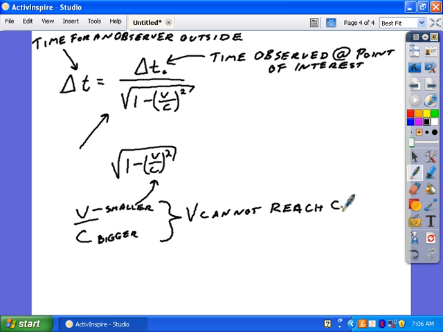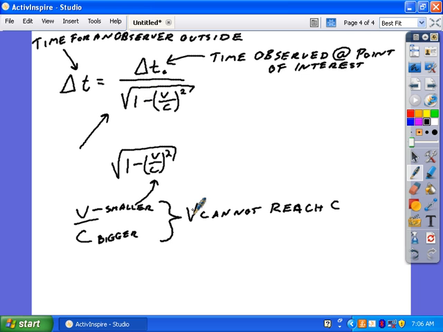Now that is important, because think about it. If we had v being the speed of light, or c divided by c is 1, 1 squared is 1, 1 minus 1 is 0, what that will do is turn our time interval from some value into some number divided by 0, which is going to give us an infinite value.